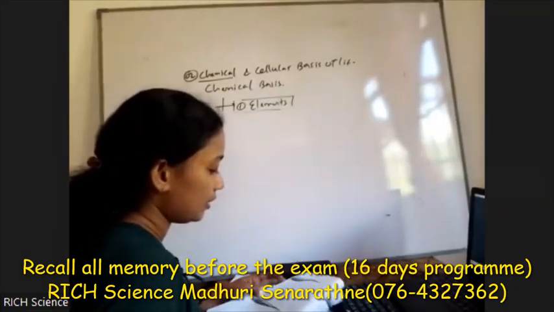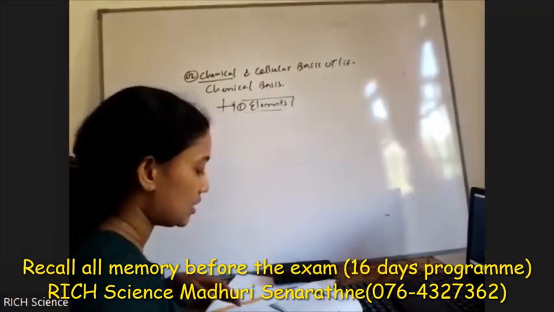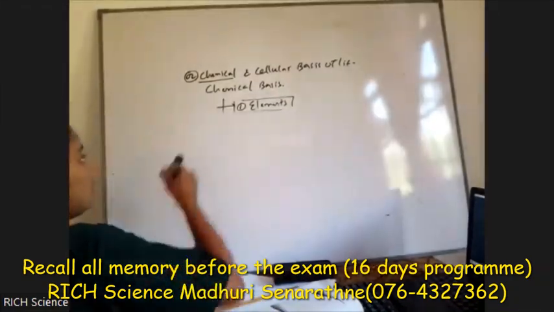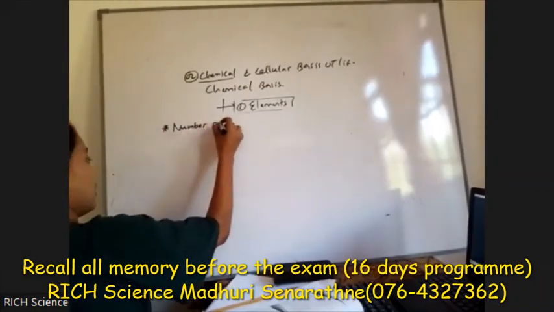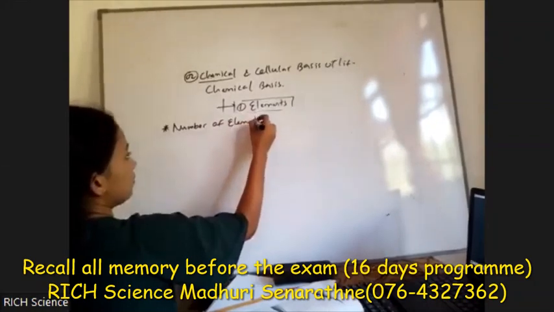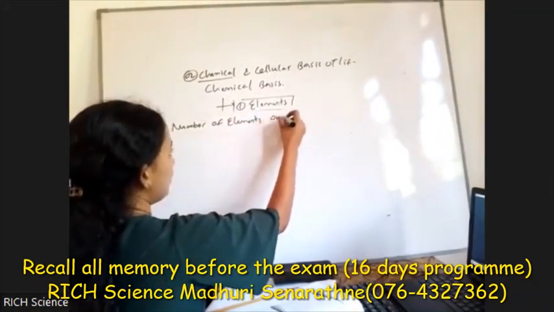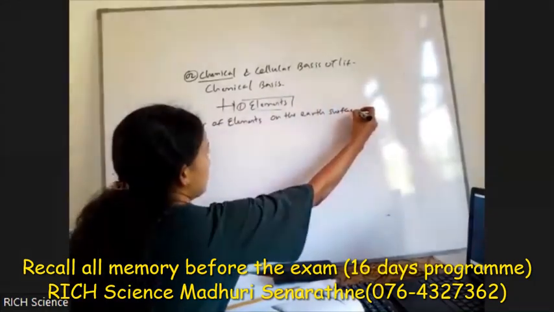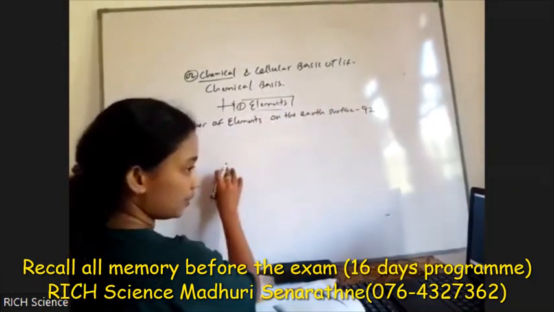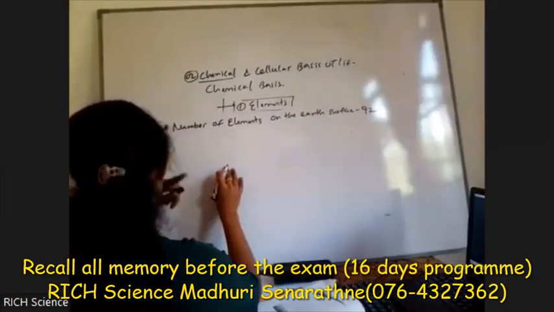Here you have to know about these main 3 points. Under the element part, the number of elements that can be found on the Earth surface is 92.